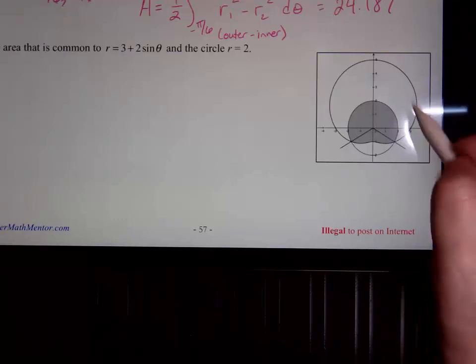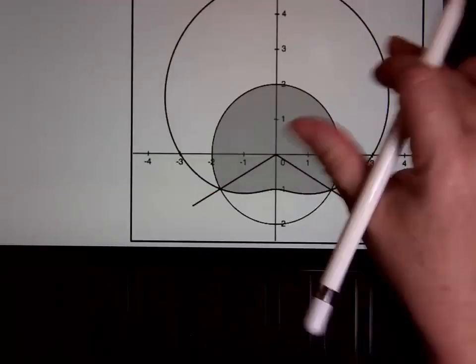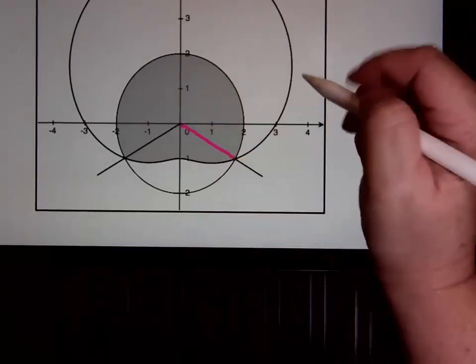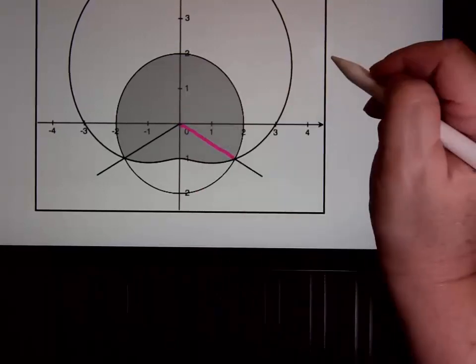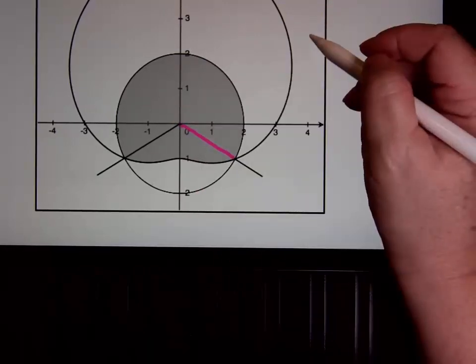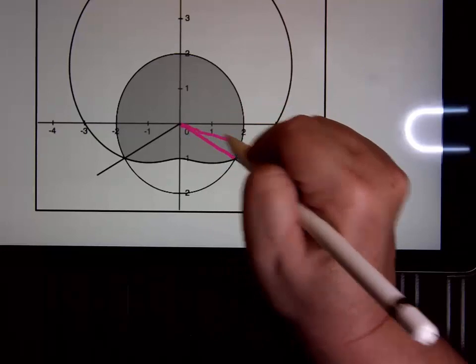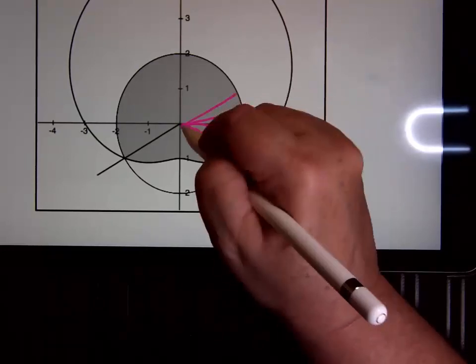Now, if you're doing this part right here from these lines, let's make this bigger. Okay, if we start here, if I want to sprinkle this in the shaded part only, which equation am I going to stop at? The circle or the cardioid? I only want the sprinkler to go out over the shaded part. Which curve am I hitting?